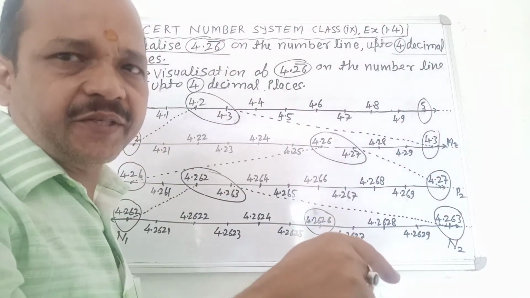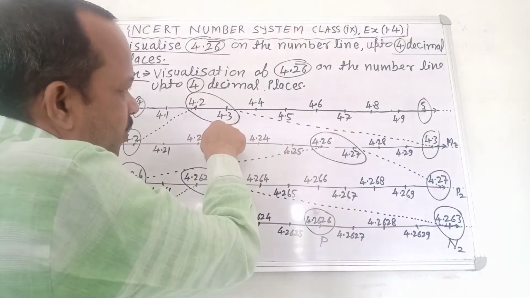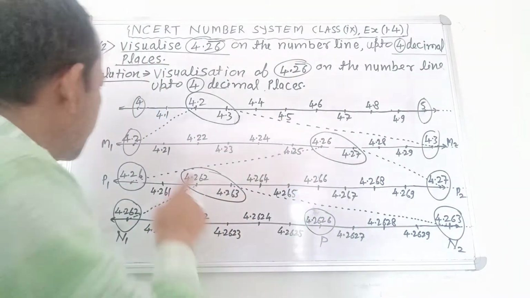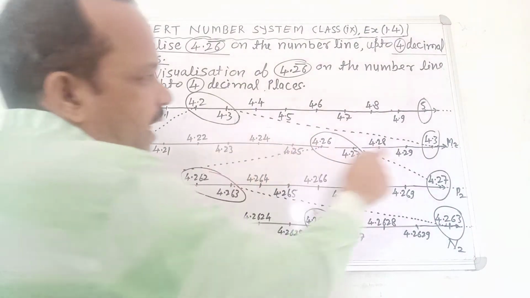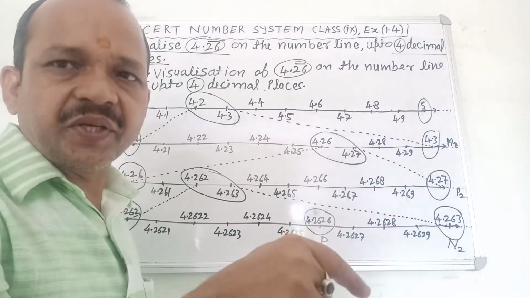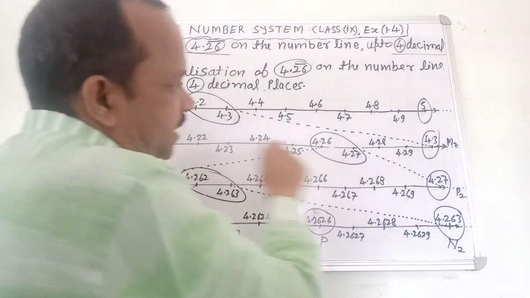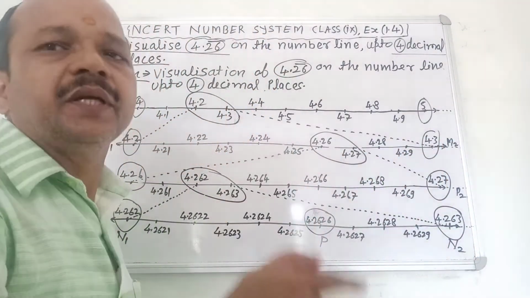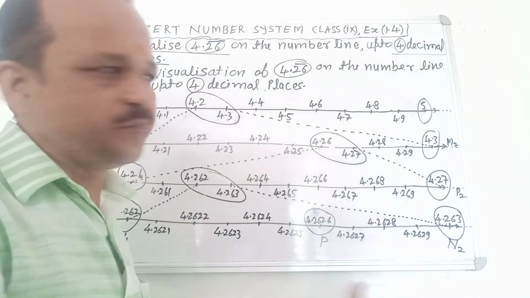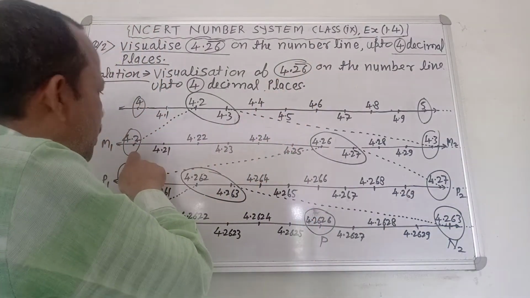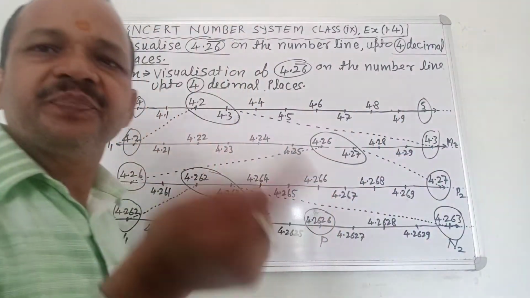So you write 4.2 and 4.3 on the number line. You divide the distance between 4.2 and 4.3 into 10 equal parts, because 4.26 bar is between 4.2 and 4.3.